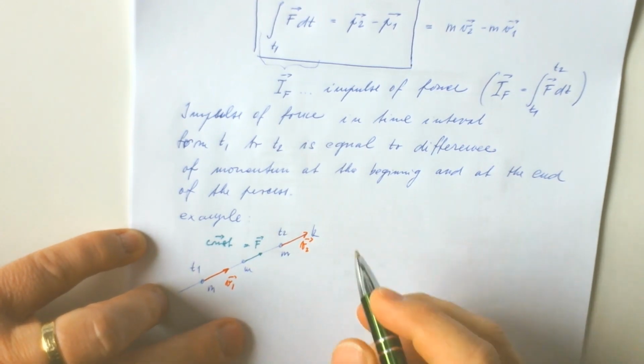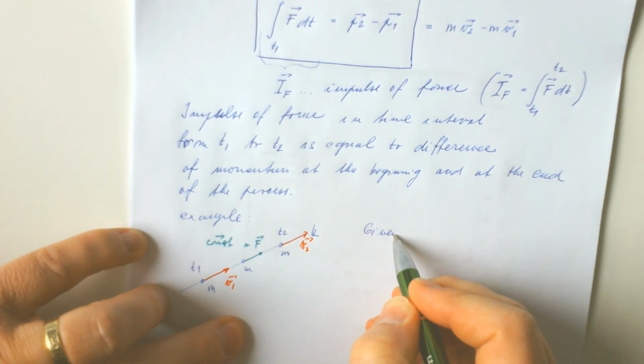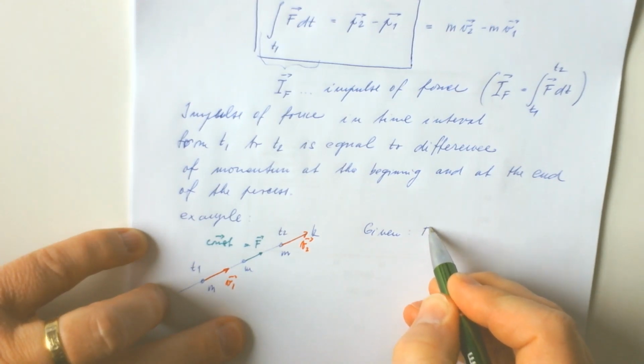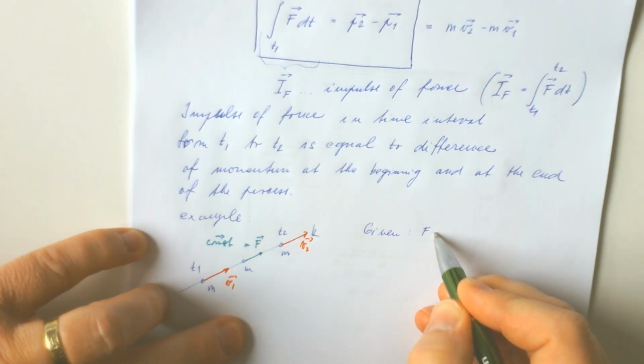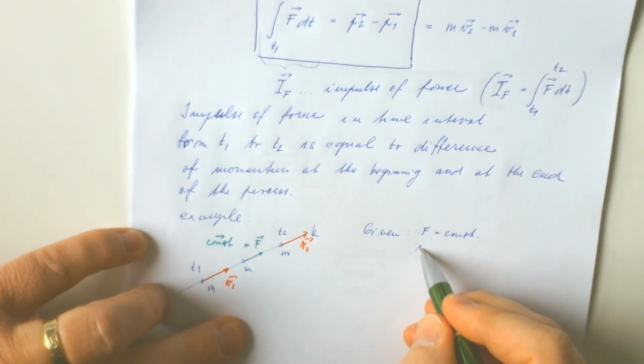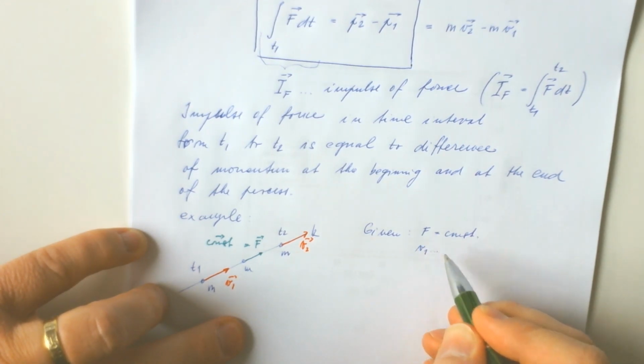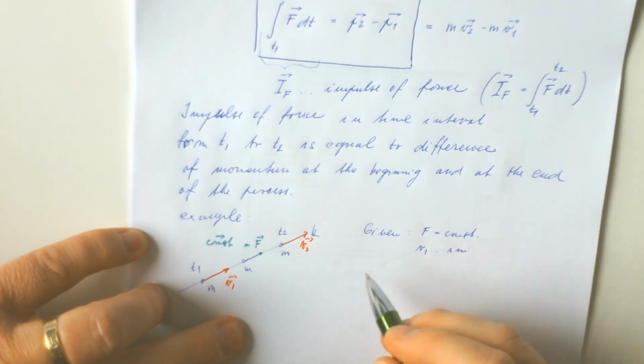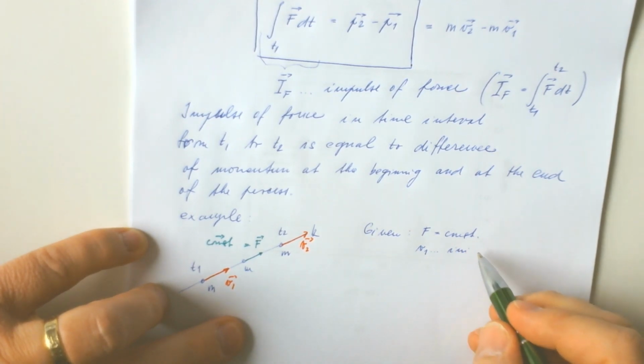So if the force is given as some constant, we know velocity at the beginning of the process, so it is the initial velocity.